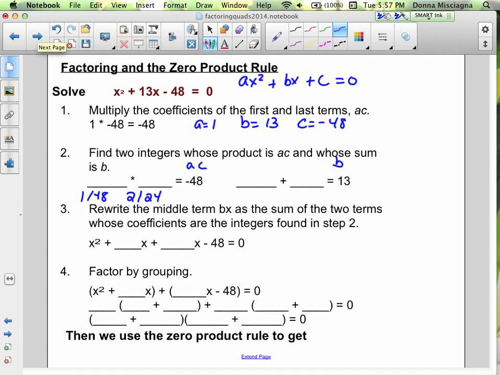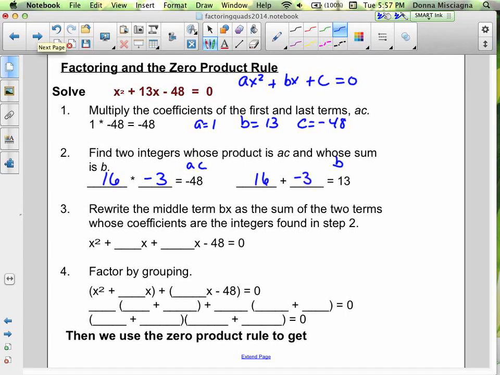But 3 and 16, well, they're 13 apart. And those are our two numbers. And since it's a positive 13, that means that 16 is the positive one and 3 is the negative one. So 16 times negative 3 is negative 48, and 16 plus negative 3 gives us 13.